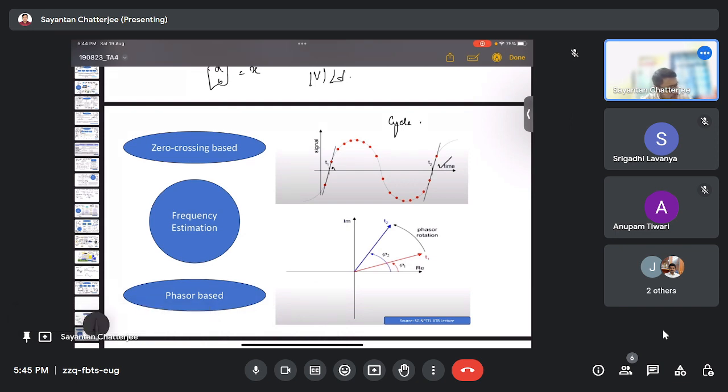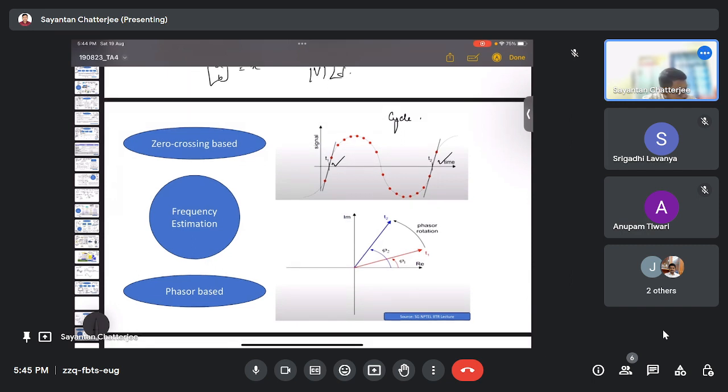Based on that we will get some time value, and based on the time value we can find the frequency, meaning one by the time period. If we get the knowledge of t1 minus t2, it would give the time period of this cycle. And this is the phasor rotation based approach, where we can also do the frequency estimation.